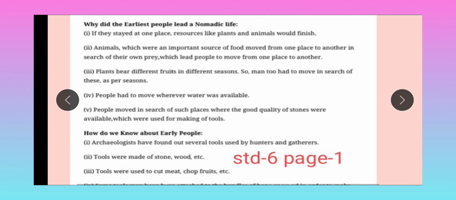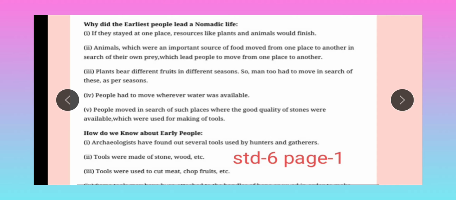Next point, why did the earliest people lead a nomadic life? Okay, so the first point is, if they stayed at one place, sources like plants and animals would finish. Second one, animals, which were an important source of food, moved from one place to another in search of their own prey, which led people to move from one place to another.